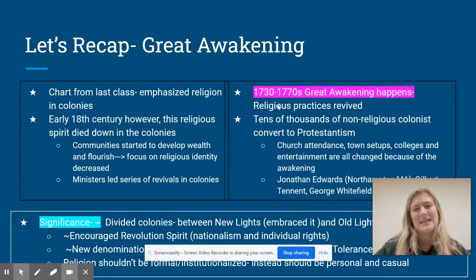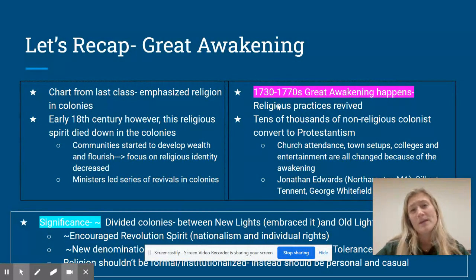However, in the early 18th century, this religious spirit dies down a little bit in the colonies. Instead, the colonies start to focus on economic possibilities, making money, accumulating wealth. So it leads to this kind of loss of focus within religion.